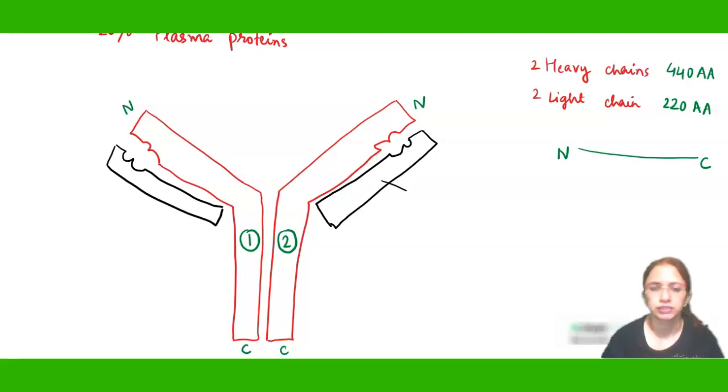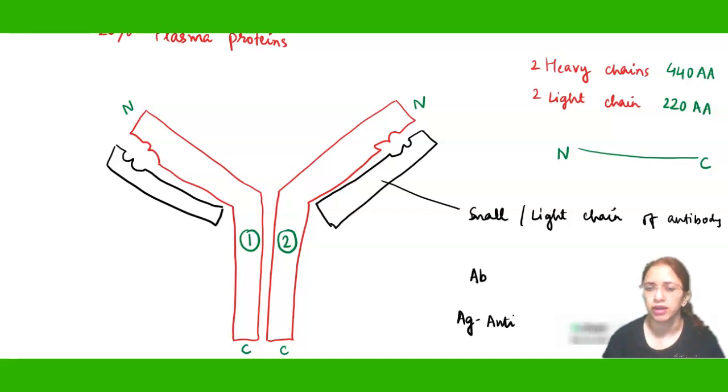These black structures are the light chains of the antibody. Whenever we want to show antibody, we can also write AB. This AB is an abbreviation for antibody, and AG is the abbreviation for antigen. So here also we will show the N to C terminal of the light chain.